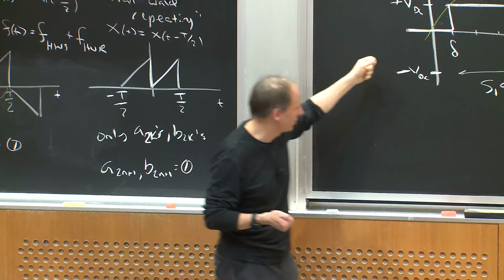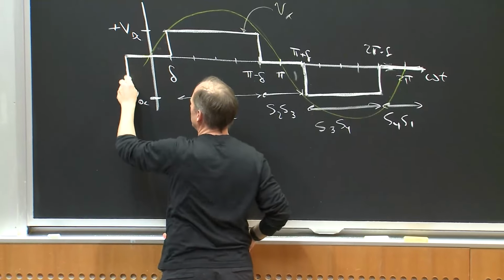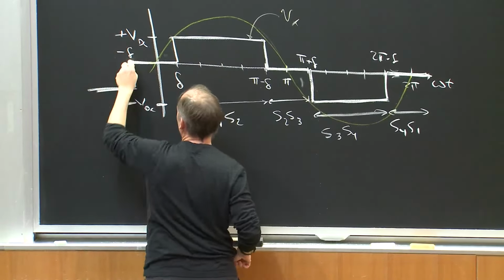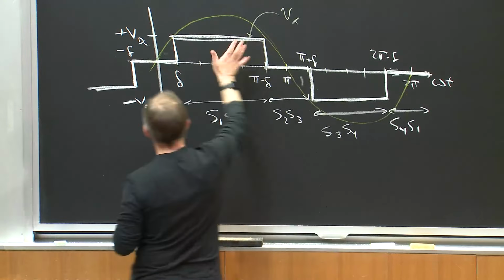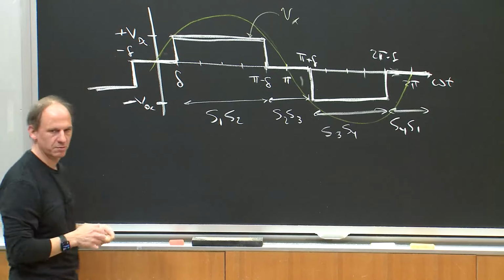And what do I know about this waveform? This waveform is odd, and maybe I'll just draw it out here, right? It is indeed, this is minus delta. This white waveform here, Vx, is indeed odd, right? If I flip it across t equals 0, I get the same thing.